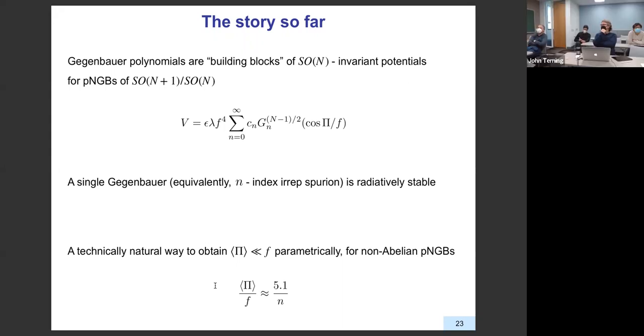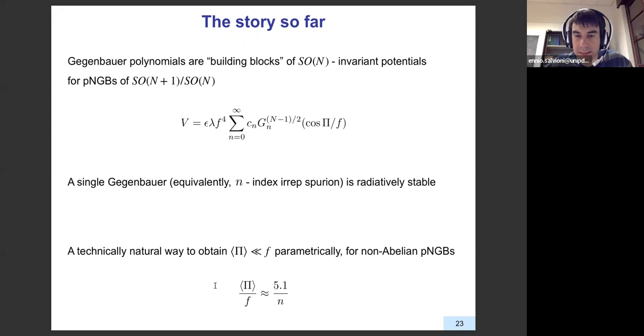So you want the very large little n, right? Yes. At this stage, looking at this, you would want indeed n to be very large. What I'm going to show is that the potential for the Higgs will not be just a Gegenbauer, because we know that there are some irreducible explicit breaking effects that we need to include: the top quark mass, the gauge interactions, and so on.